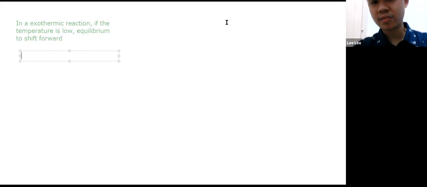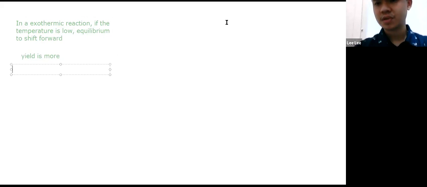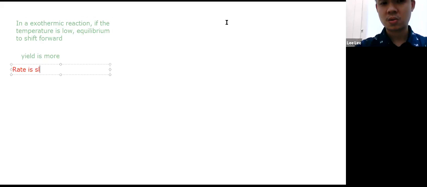So if you give a low temperature, it will shift forward, so the yield will be more. What about the rate? Yield is how much. Rate is how fast. If you keep the temperature low, can it be fast? No. So the rate is slow.